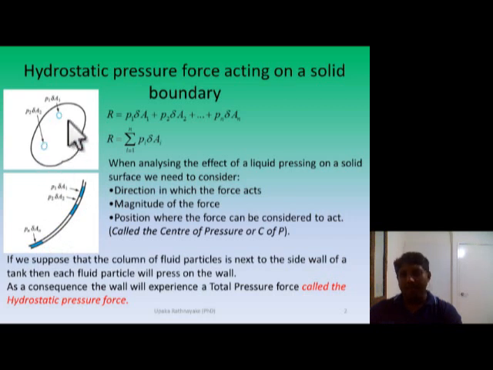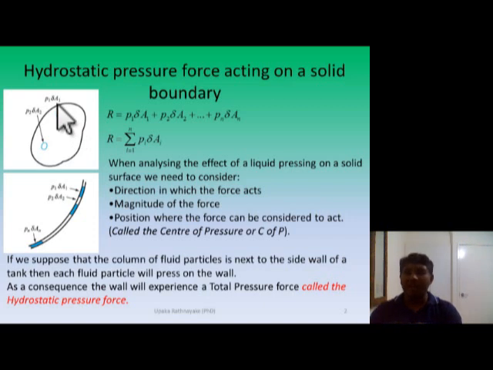Now, if I ask you to find the total area of this A using delta A's, what would you do? You just simply add these things together. Can we do the same thing in order to find the resultant force of these small pressure forces?